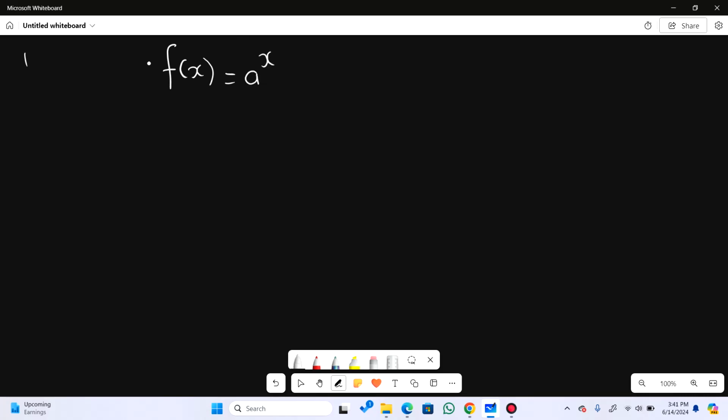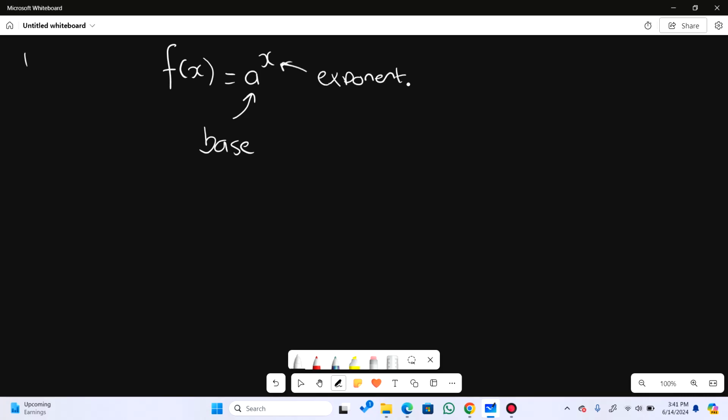So this is what we call an exponential function, with a being the base, and then x being the exponent.